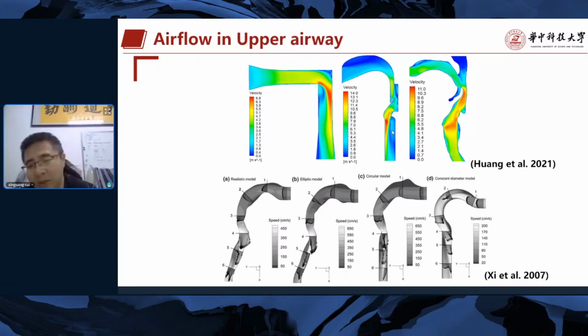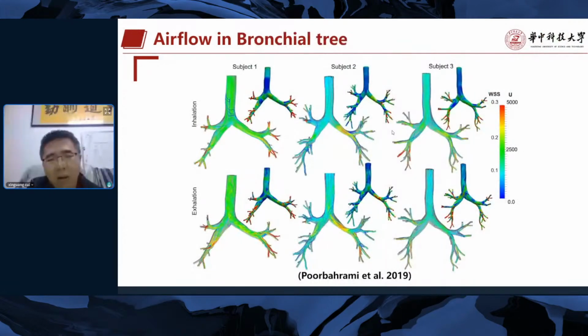Yes. And also for the tracheobronchial airway, we could see that different people have different geometry, and they may have different airflow fields. So in fact, we know that the airflow field has strong inter-subject variations, which means it is very different among different people.